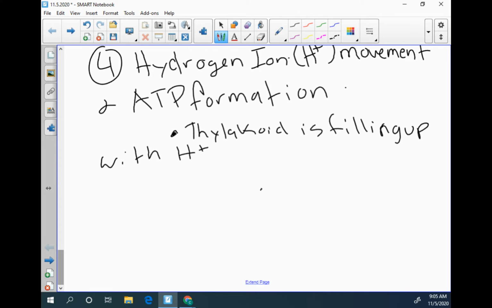But we learned about diffusion and how ions want to move from an area of high concentration to an area of low concentration. So those hydrogen ions want out. But they can't pass through this membrane. H plus has to pass through a special protein called ATP synthase.